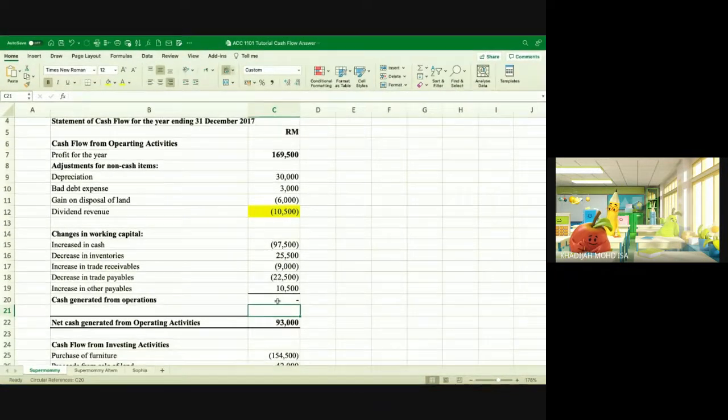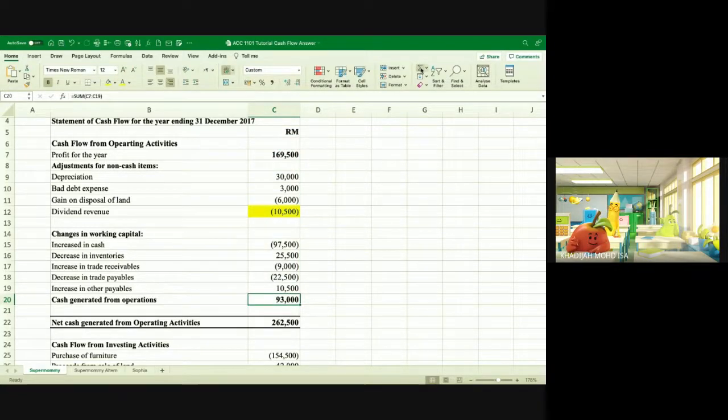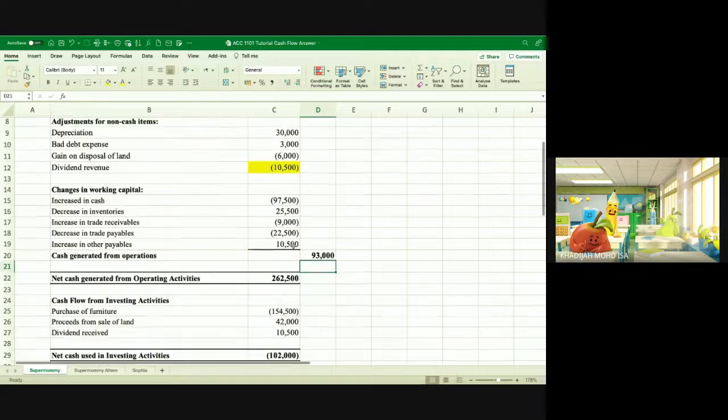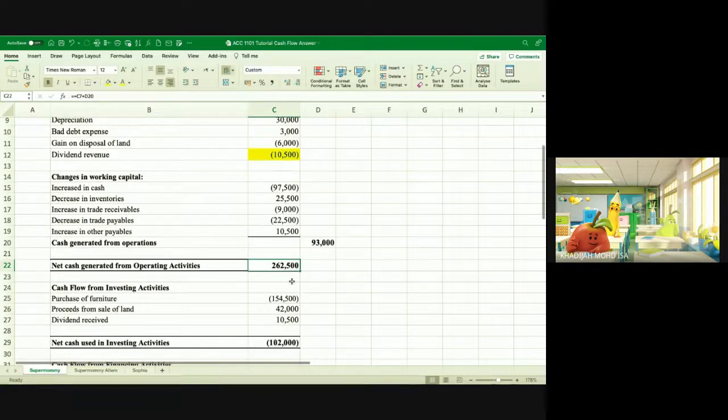Ni kita dapat sum of all this. 93,000. Cash generated from operation. Net cash generated from operating activity macam mana ni? 262 ni. Okay, tak apa. Leave it first.